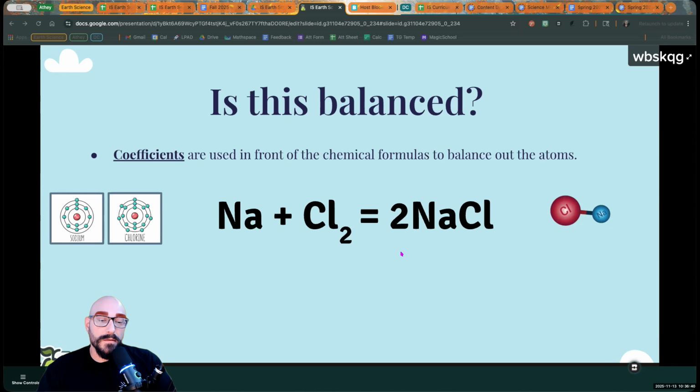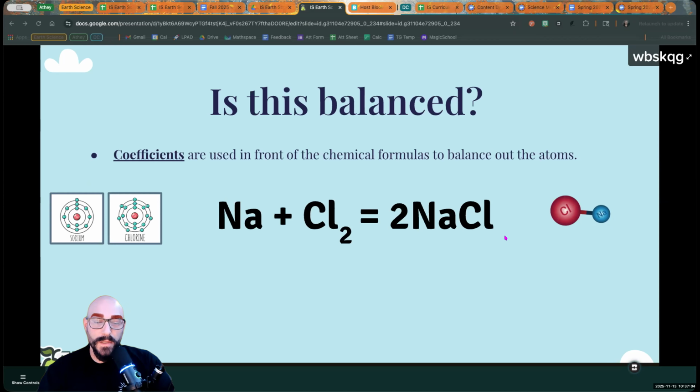Now, the number in front, the coefficient, like we see on the right, in front of the compound, the chemical compound NaCl or sodium chloride, that two in the front is telling us that we have two of this molecule.